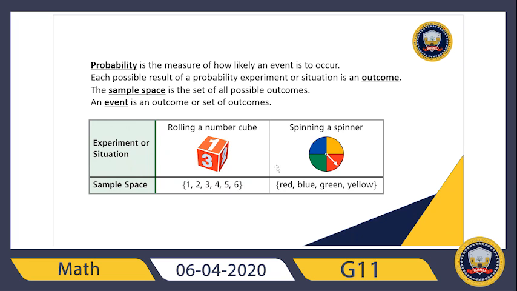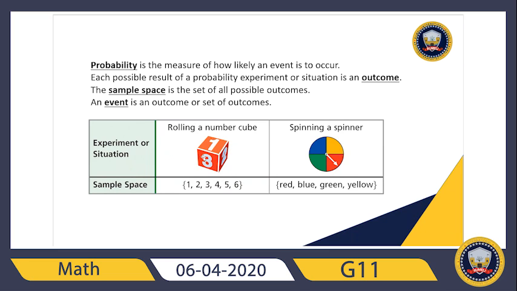Let's take two examples and see how we can find these definitions. For example, in this trial, we have a dice or cube. In the sample space of this cube, all the outcomes are 1, 2, 3, 4, 5, 6. We cannot have more than these outcomes. We cannot have more than this sample space.